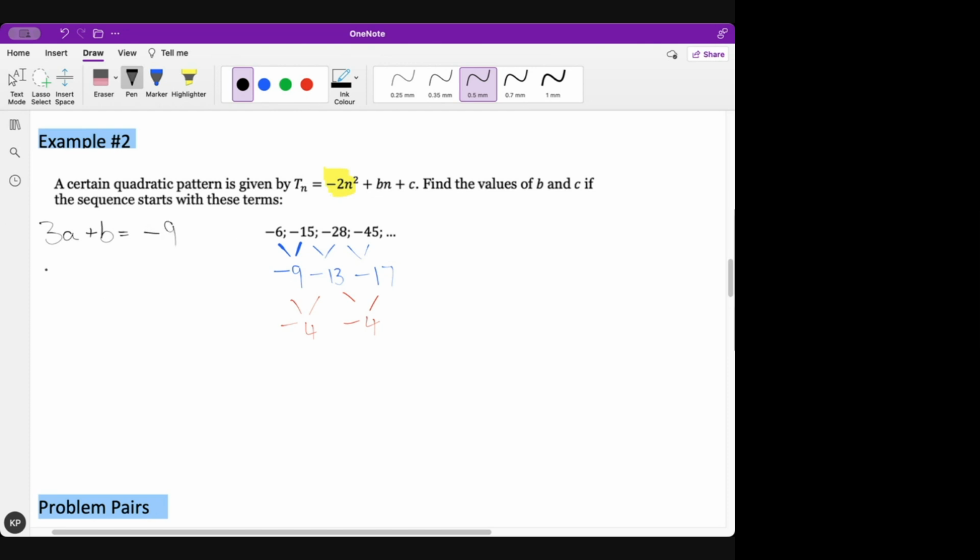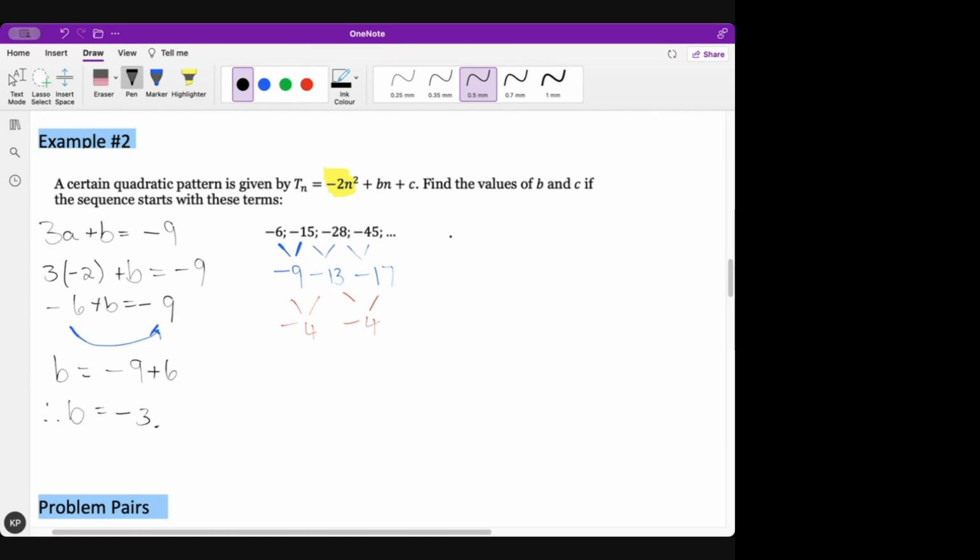We know a is negative 2, so 3 times negative 2 plus b is equal to negative 9, which means negative 6 plus b is negative 9. Take my negative 6 over. Tell me what b is, guys. Yes, Kawe, it is negative 3.